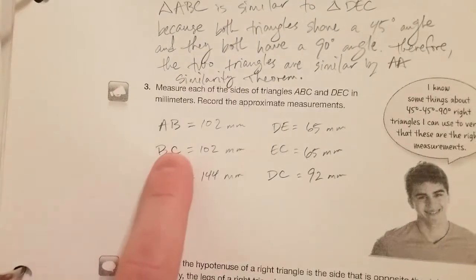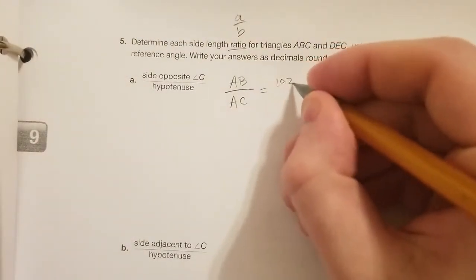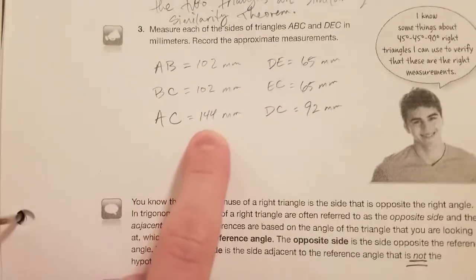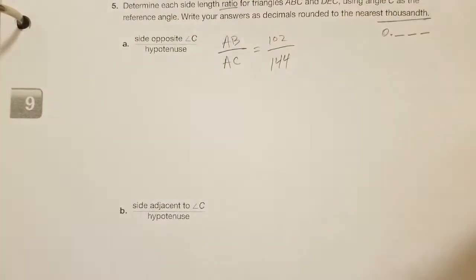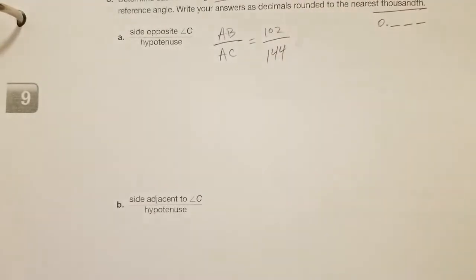And I'm going to go find what those measurements were. AB is 102. And then AC is 144. Well, let's put an approximately equal to because we're going to be rounding.